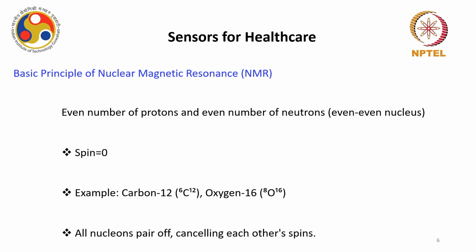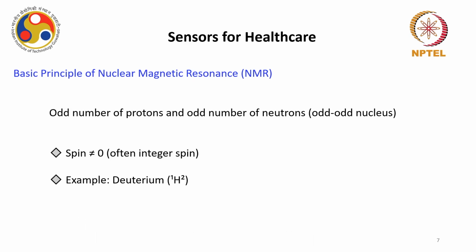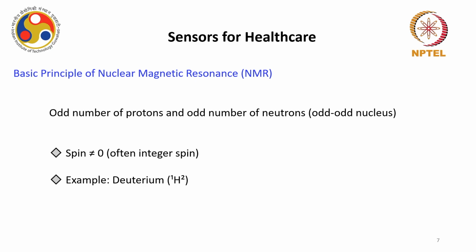Examples are carbon-12 and oxygen-16. All nucleons in these cases are paired off, and therefore they cancel out their spins. In case of an odd number of protons and an odd number of neutrons, we call it an odd nucleus, and spin is not 0.